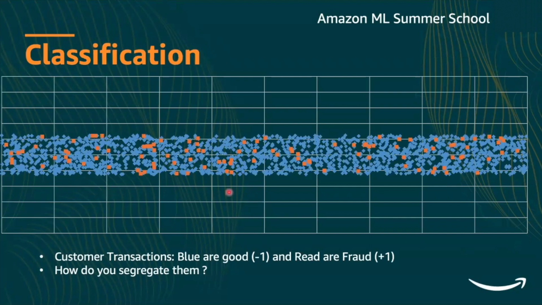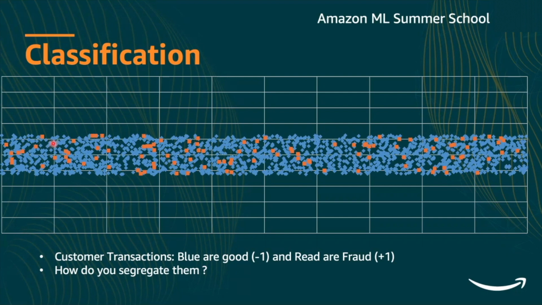On the figure, what you see is the order stream, right? The blue points are the good orders, and the red ones are fraudulent orders. Now, what you would do naively, you would manually look at each of these orders, assess the attributes or the features of these orders, and decide whether this order is fraudulent or not.